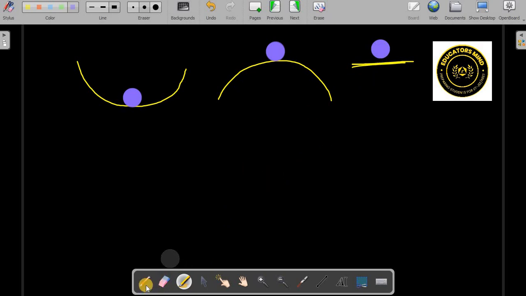So in all these cases, you see here at the bottom the potential energy is minimum. Of course the net force is also zero, okay. The forces, mg and the normal from the contact, are equal, so net force is 0 here.